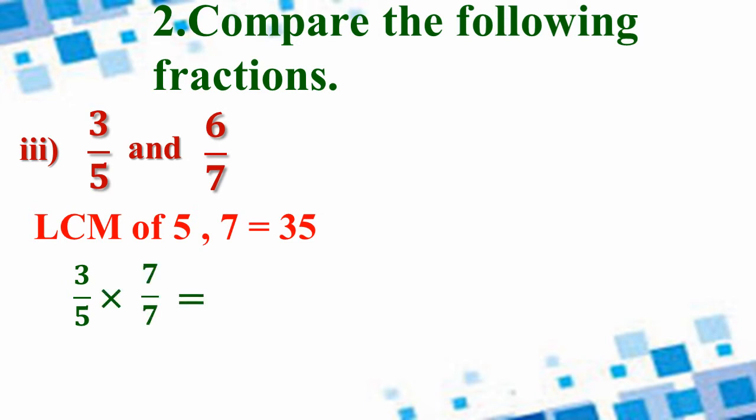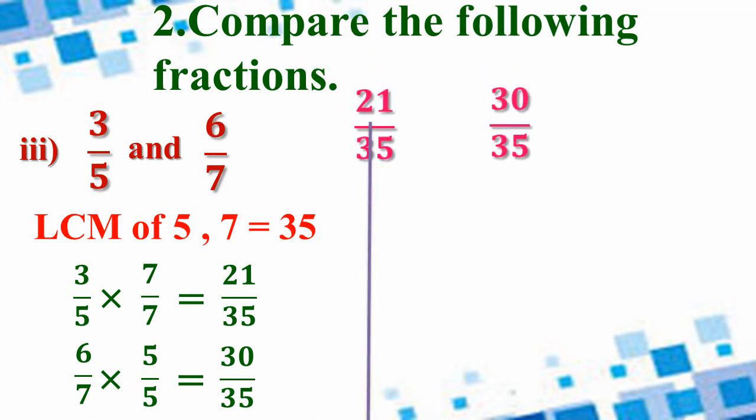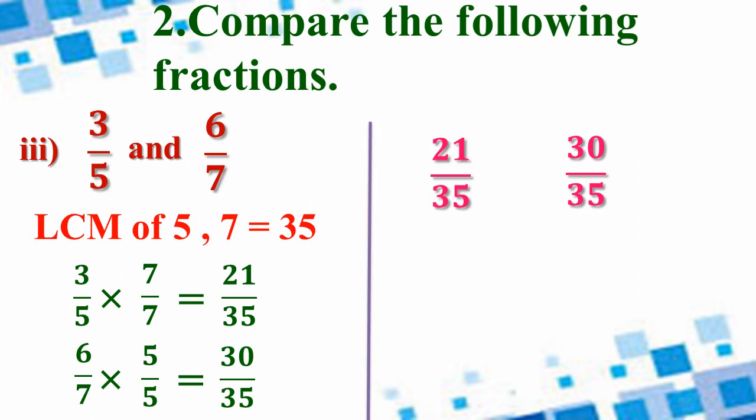So we get 21 by 35. Next, multiply both numerator and denominator of the fraction 6 by 7 with 5. So we get 30 by 35. Now we can clearly see 21 by 35 and 30 by 35 are like fractions.